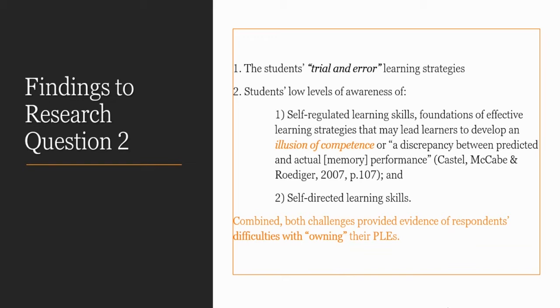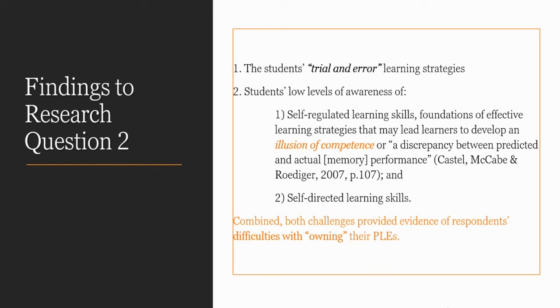Very often they were also confusing the success or effectiveness of the approaches. That's why I mentioned here the illusion of competence, because they were thinking, all right, I succeeded in this unit. That was a good strategy. So I'm going to use exactly the same strategy because it's effective.